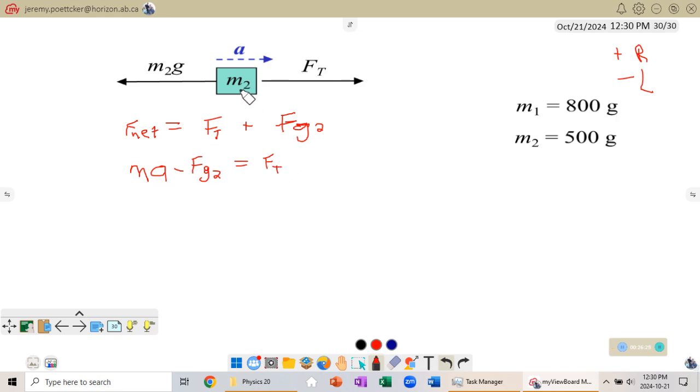So the mass of object 2 is 500 grams, or 0.500 kilograms. My acceleration, I just calculated momentarily ago, is going to be 2.2638. That's that big number that I'm hopefully storing in my calculator.